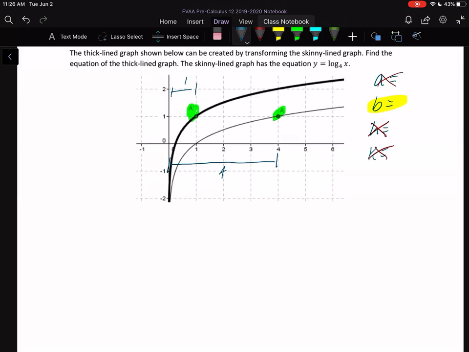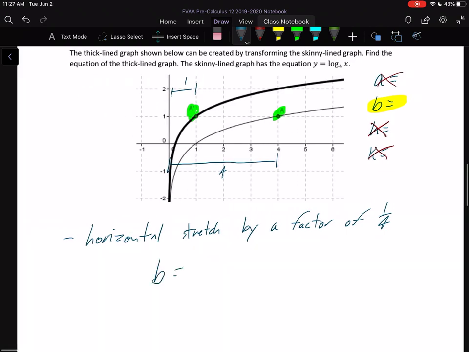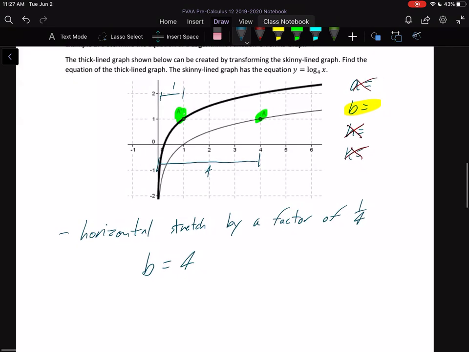If you were to describe it, it's had a horizontal stretch by a factor of 1 over 4, because you multiplied by a quarter, right? And so that makes my B value equal to 4. So if I were to find the transformed graph here, it would be y is equal to log base 4 and then bracket 4x.